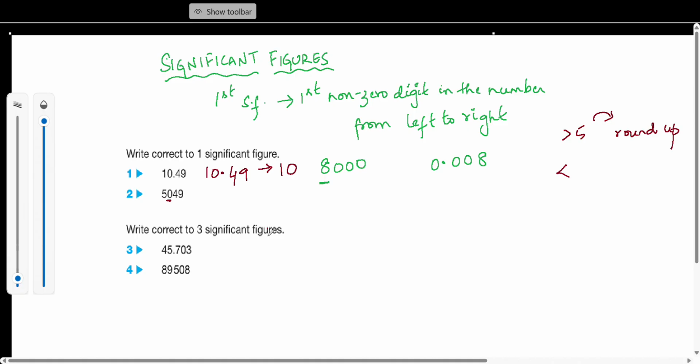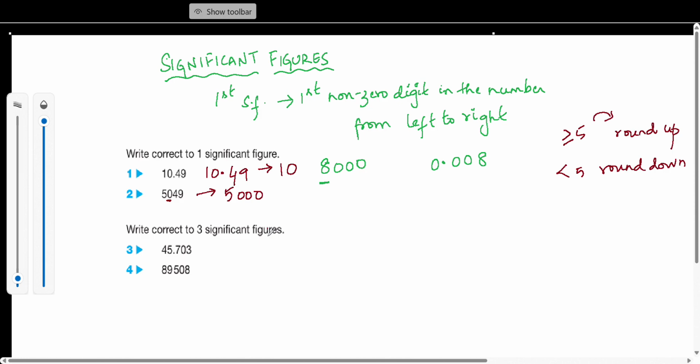If it is lesser than 5, you round down. So here it is 0. So obviously rounding down, this has to become 5000. In 5000, only 5 is the number. The rest are 0. So that makes it one significant figure.